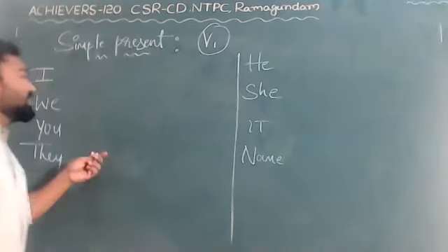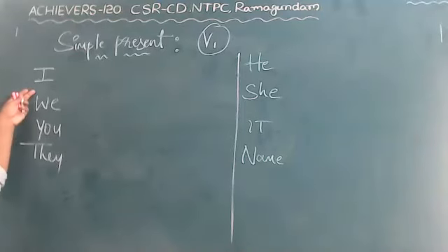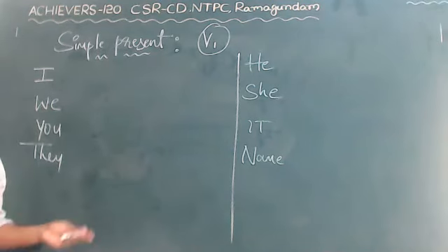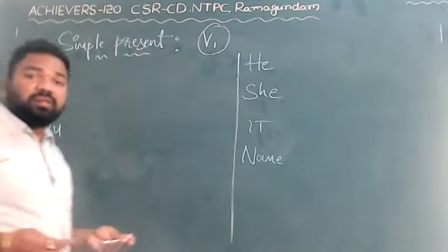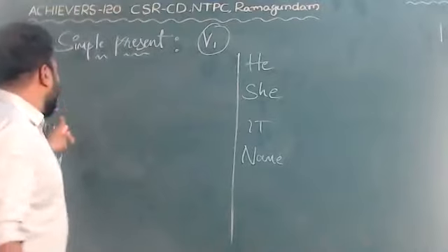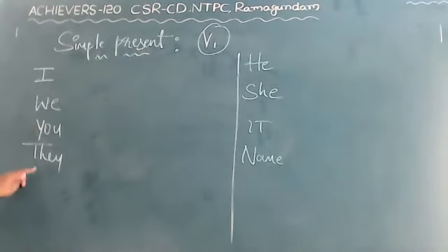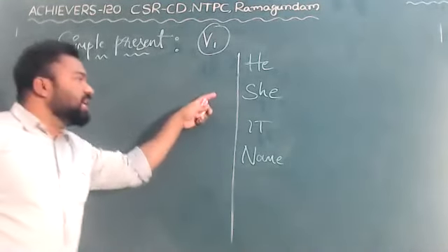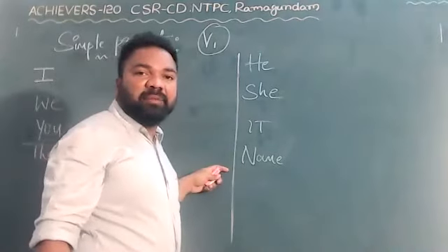These are 8 subjects technically, and in communication language we can say these are the 8 people we talk about. I, we, you, they, he, she, it, and they.